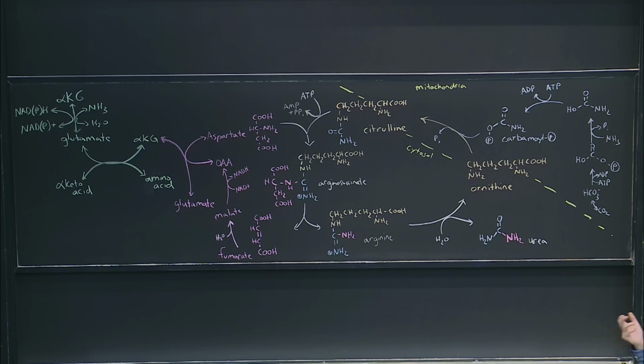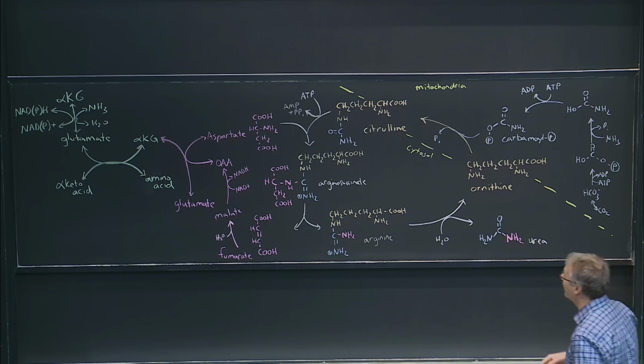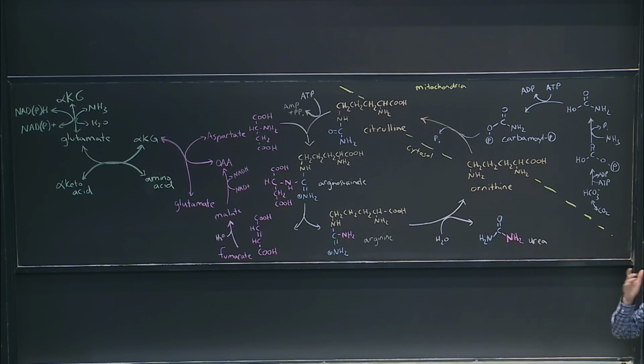But of course, there are other animals that will use other strategies, secrete it as ammonia directly, or produce the purine uric acid, which of course we'll talk about next time, how one can interconnect all this amino acid nitrogen metabolism with nucleic acid nitrogen metabolism.